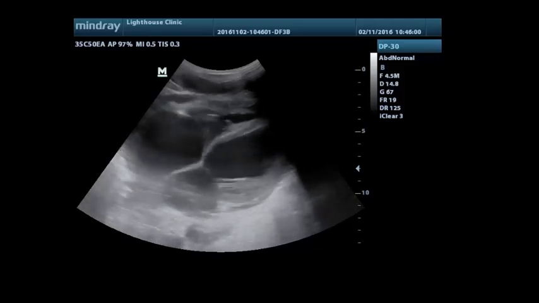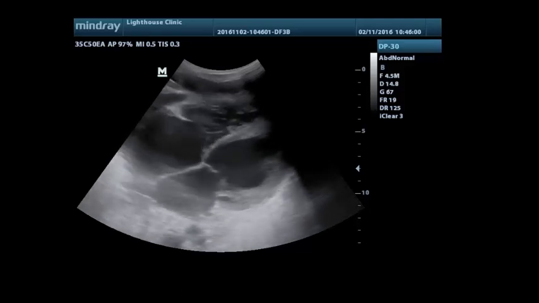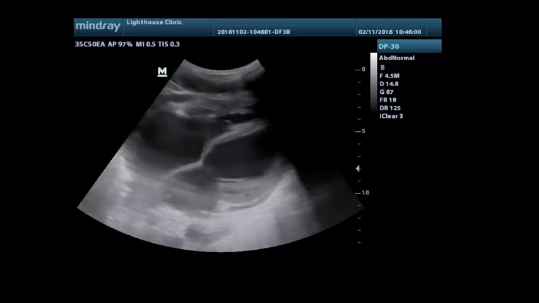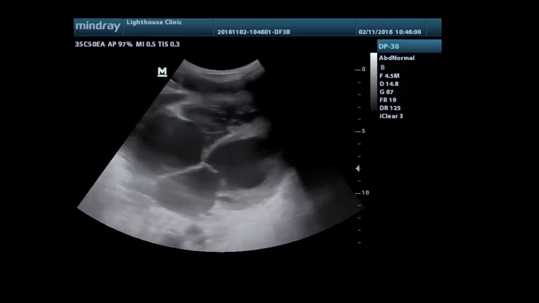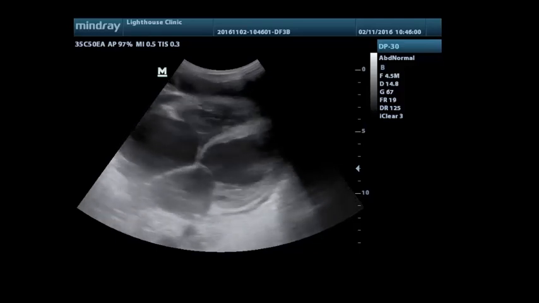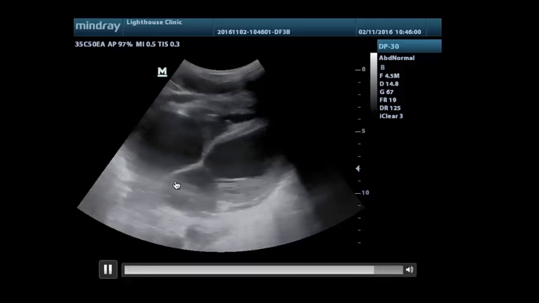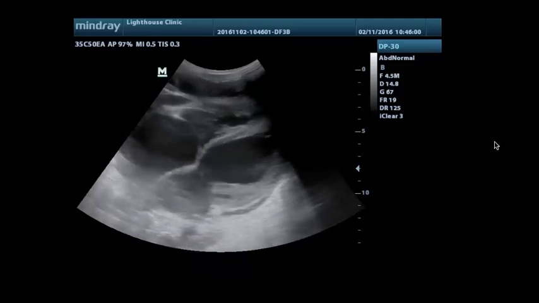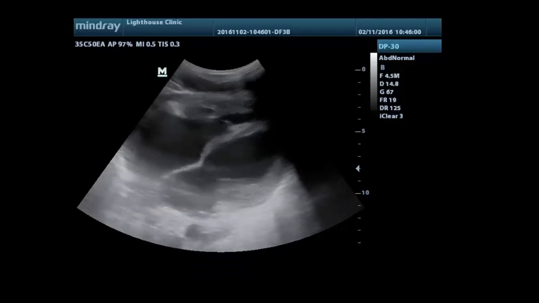It is mainly an enlarged left ventricle with a wall that is not moving inward and not thickening. That is the hallmark of cardiomyopathy. Obviously, when the left heart is not pumping, eventually the right heart will also dilate, and you can see here as well that the right atrium is relatively large. So this is, of course, a consequence of the failing of the left heart.